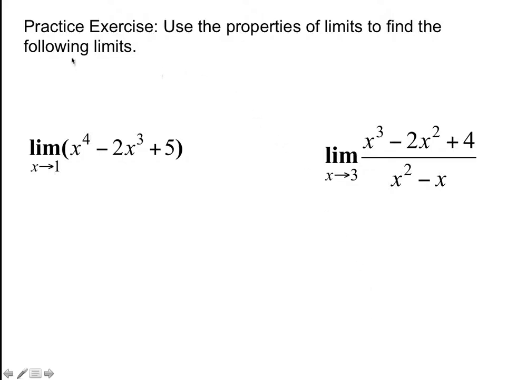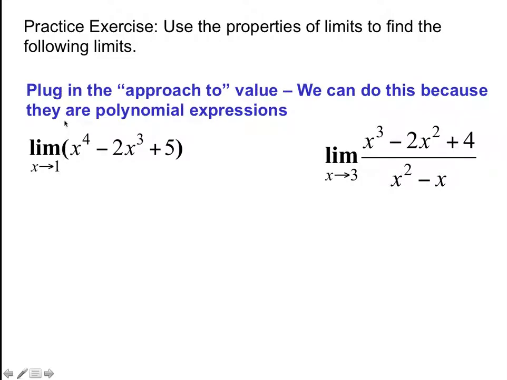So let's try this. Let's use the properties of limits to find the following limits. If we're going to approach 1, we can use a strategy I call the plug-in strategy. This is typically the first strategy we try, and we can typically do it with polynomial expressions. If I want to find the limit of this function as x approaches 1, I can plug in 1 and see if I get a numerical answer.